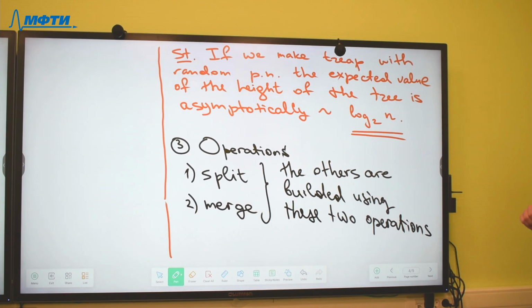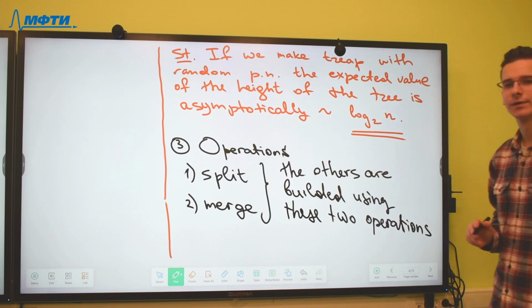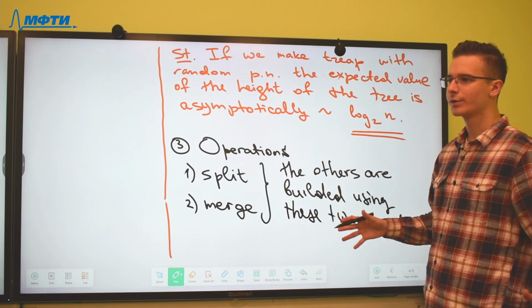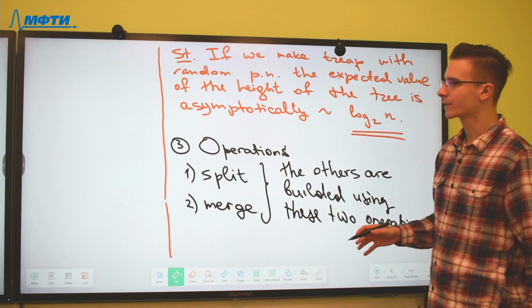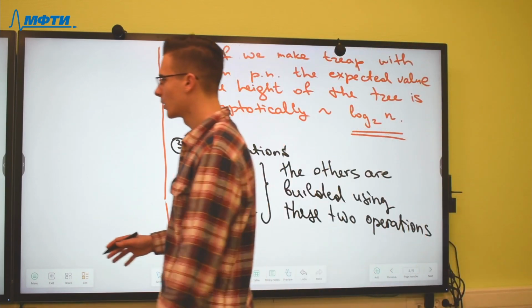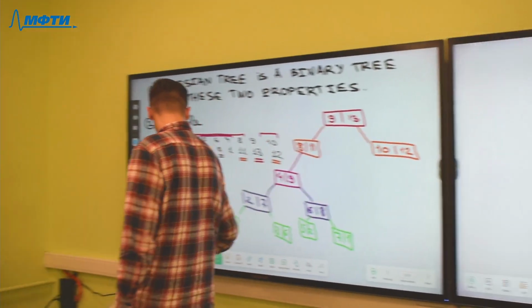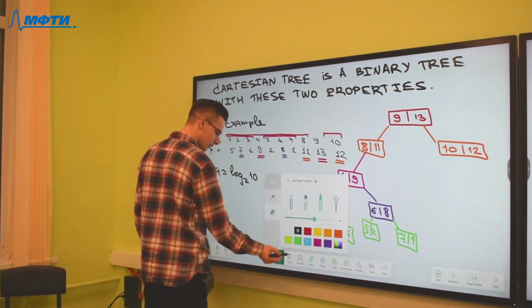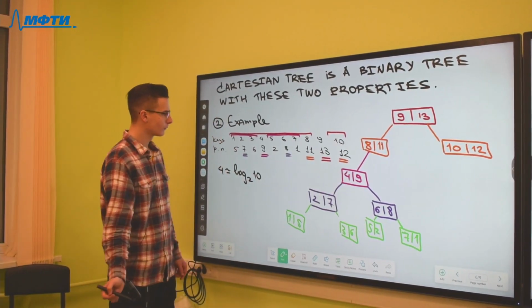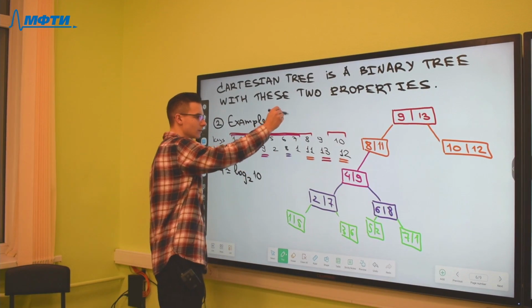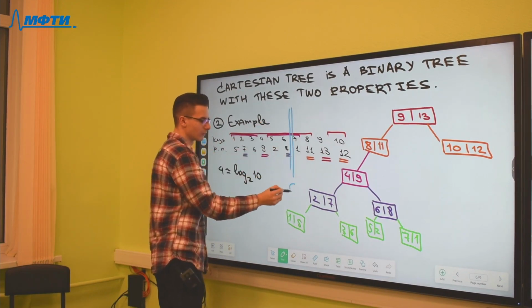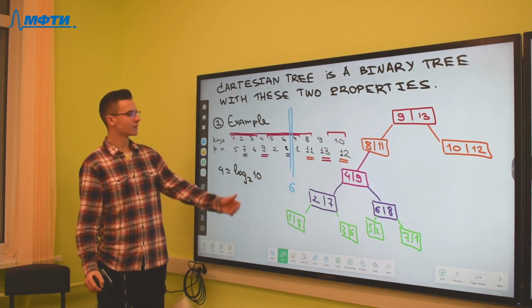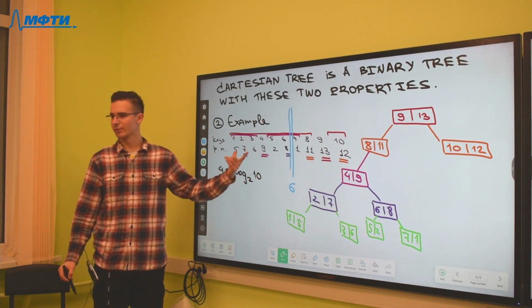So, do you know what it means to split the tree? We make two trees; we split it, for example, by key. Yeah, we have, for example, key 6, and we want to make two subtrees.